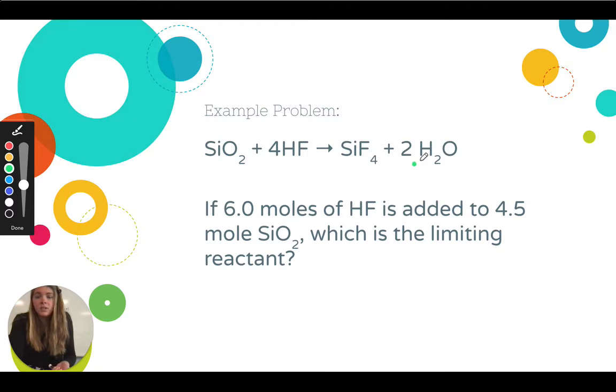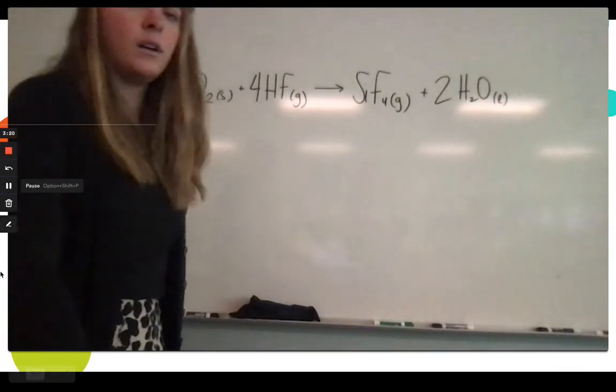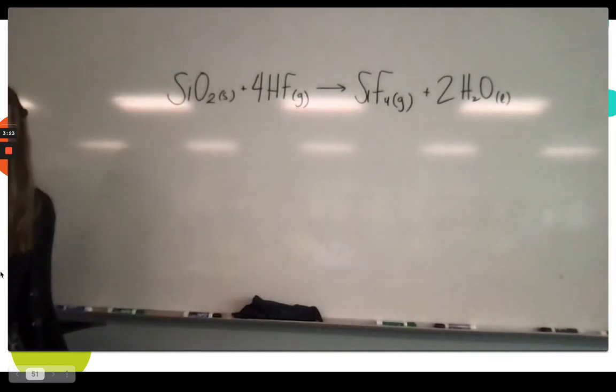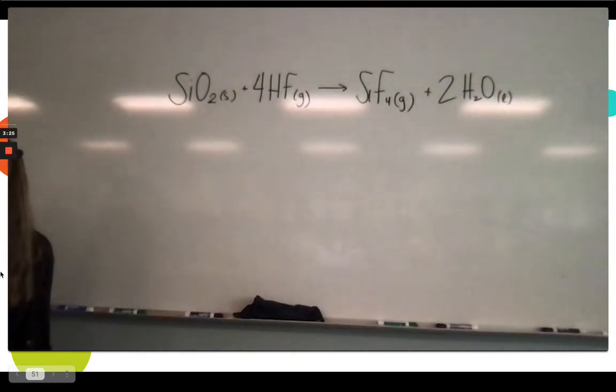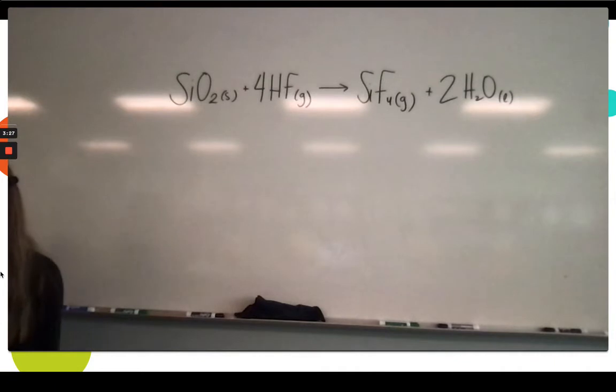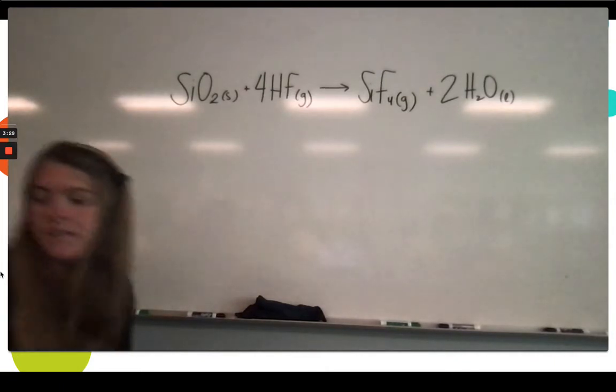So in this situation, we're just going to ignore the water and see what is the limiting reactant when we're trying to create SiF4. So notice we're given 2 different things. We're going to be solving 2 different problems. And I'm going to do those behind us on the board. Alrighty, so there is our formula that is given to us. So our first thing that is told to us is that 6 moles of HF is used.